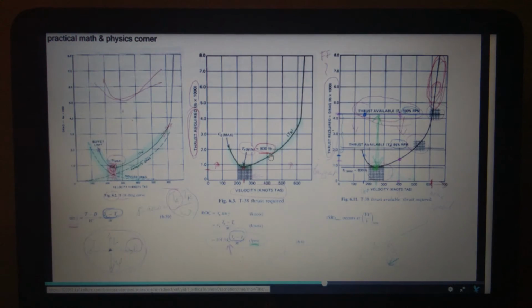Minimizing fuel flow means we want to get as low as possible on our fuel flow scale, or since it is equivalent to the thrust scale, we want to minimize the thrust required so that we only have to put that little bit of thrust in, which means we only have to put that little bit of fuel flow in. Therefore, the maximum endurance can be found by minimizing fuel flow, by minimizing thrust.